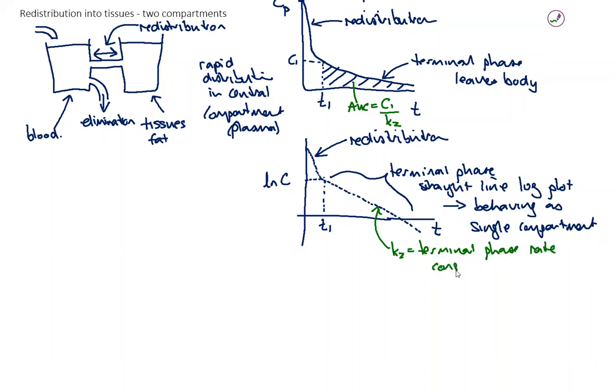So the terminal phase version of the Ke. So you can work out the Kz from the gradient of this log plot line, where it becomes straight, and then you can use that to work out the area under the curve for this terminal phase.